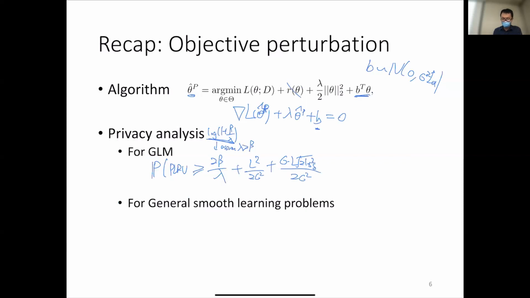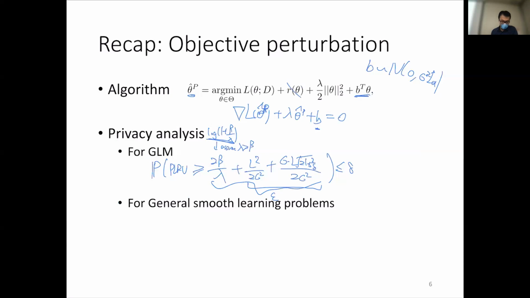As we can see, the last two terms are very similar to those of the Gaussian mechanism. We try to bound the tail of the privacy loss random variable, so we can treat it in a very similar way, by making sure that this is epsilon, and then this algorithm will satisfy epsilon delta DP.